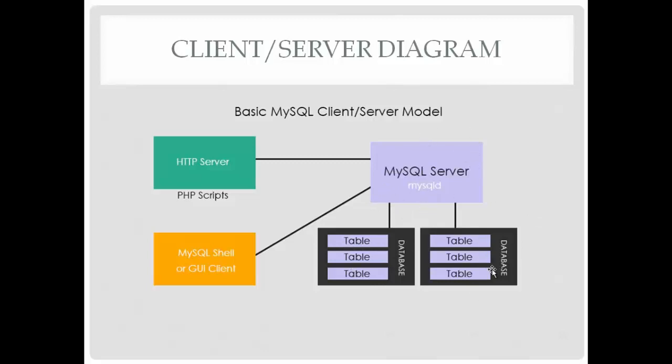And in the databases, obviously we have our data, which is put in tables. Inside the tables we have rows and columns, and then over here we have our GUI client or our MySQL shell, so the command line. So basically whatever we use to run queries or to interact with the server.